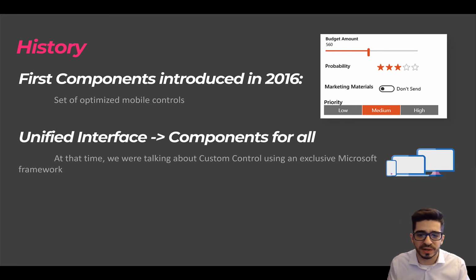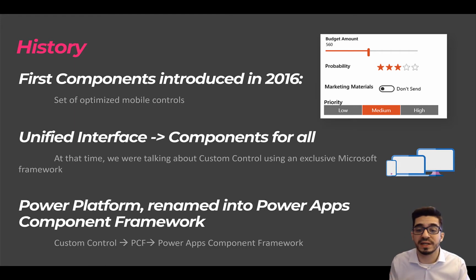For example, there's the editable grid that was quite expected, and at this stage, we talk about custom controls, which use a proprietary Microsoft framework. So it's something really dark. But after the rebranding of the Power Platform, they renamed it to Power Apps components, and finally, they announced the preview of the Power Apps Component Framework in April 2019.